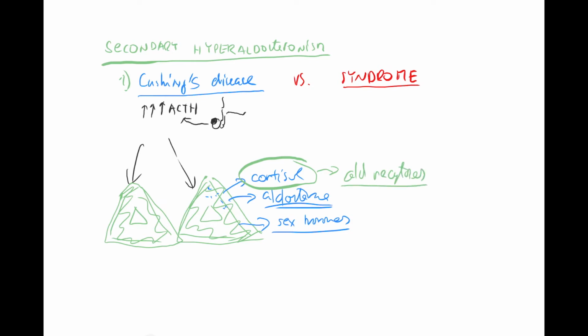But very likely this works in reality as well, and that's why high levels of cortisol can have a mineralocorticoid effect. That's why people with Cushing's typically have hypertension, and they can have hypokalemia and metabolic alkalosis as well.